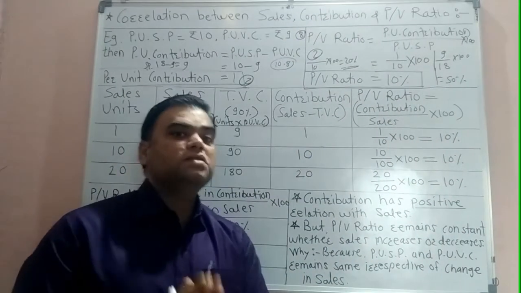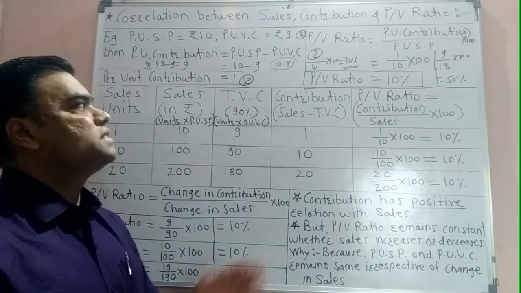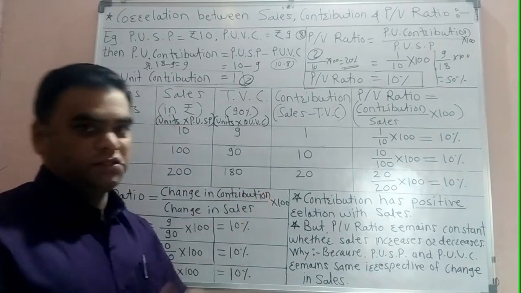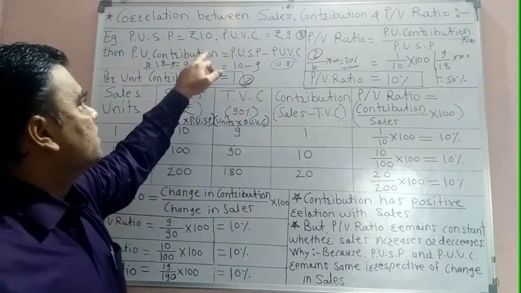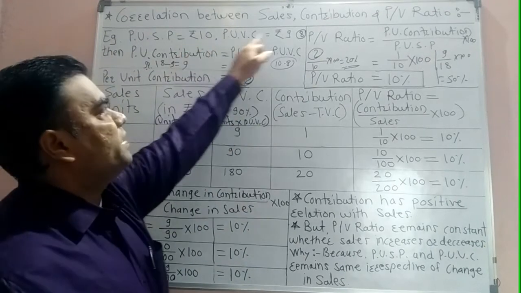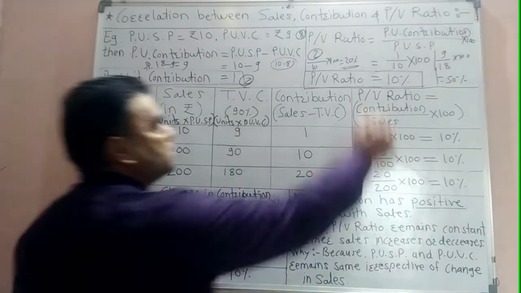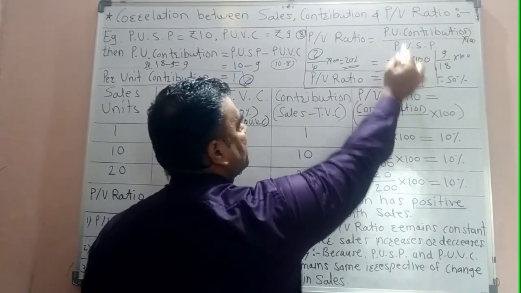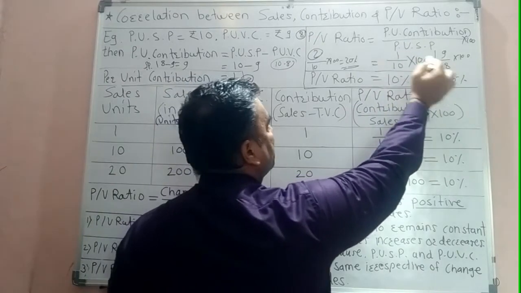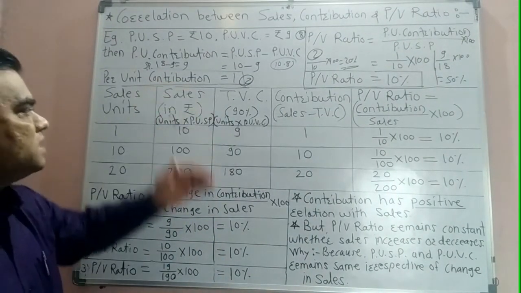And why does it happen? Because your contribution percentage is unchanged. You can see your selling price is 10 per unit, variable cost is 9. So selling price 10 per unit, contribution 1, PV ratio is 10%. Why is it unchanged?